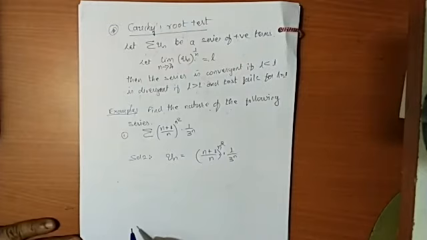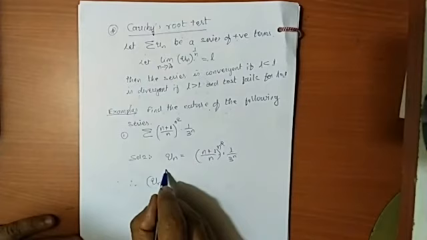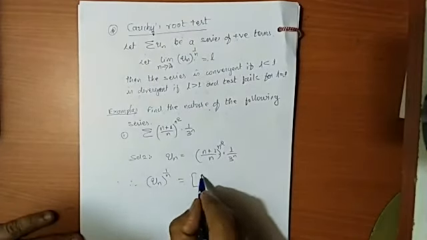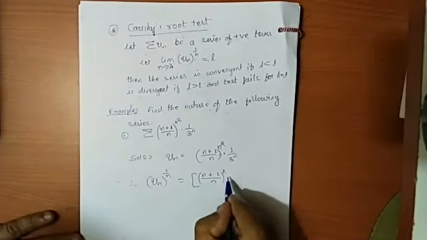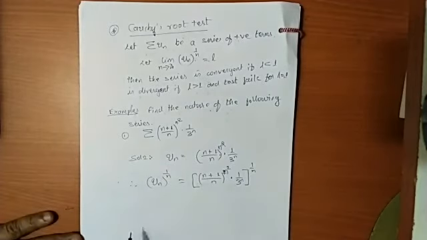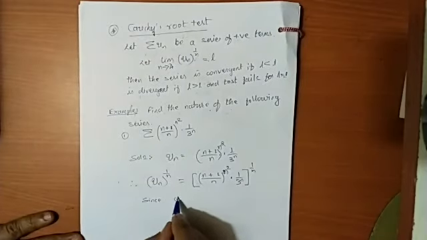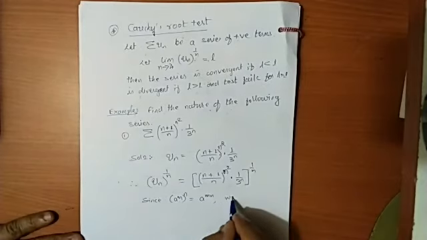Now what I should do is consider un raised to 1 by n. See, a raised to m raised to n is a raised to m times n.